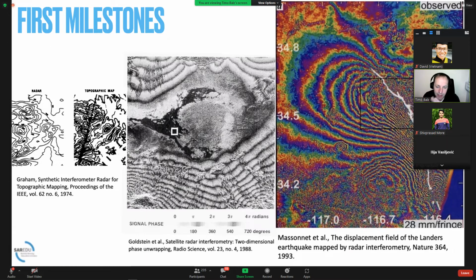There are two reasons why I start with that. One is it includes all the problems that we later face again, and gives a good introduction into interferometry. And it's also more or less how the discipline developed, from DEM moving more towards motion detection.